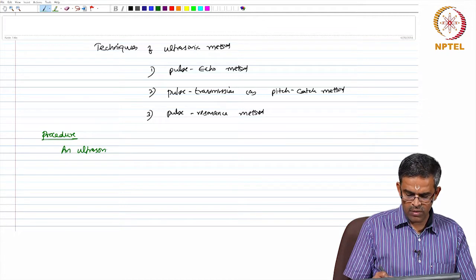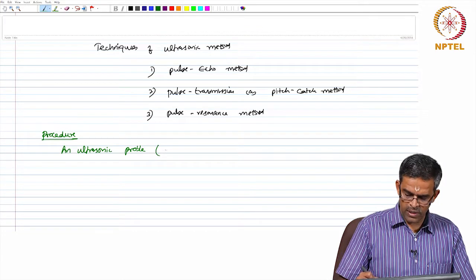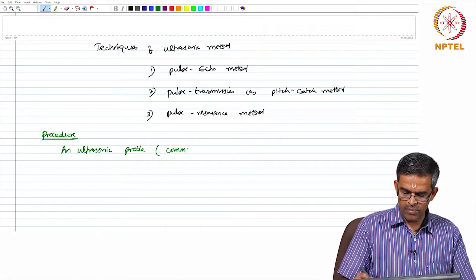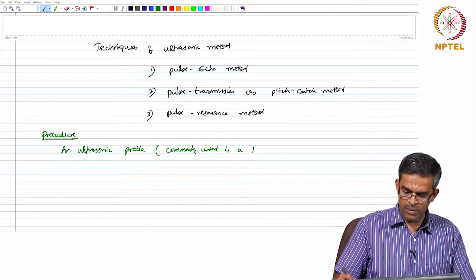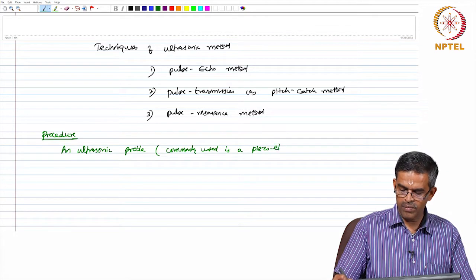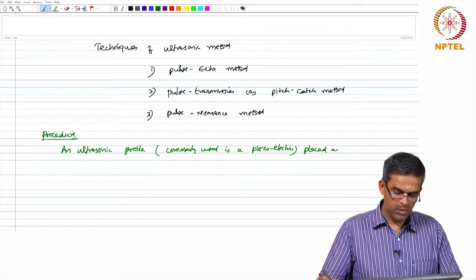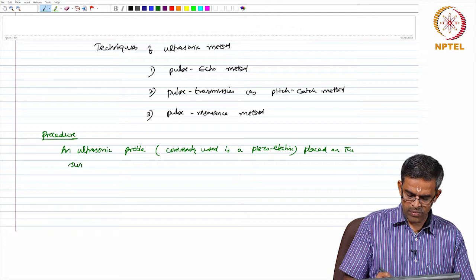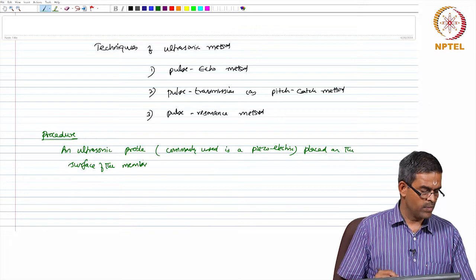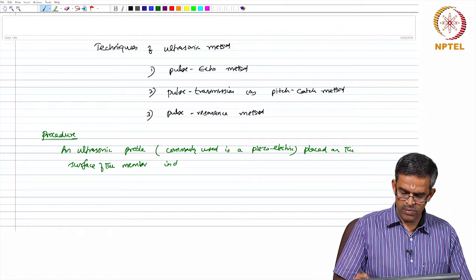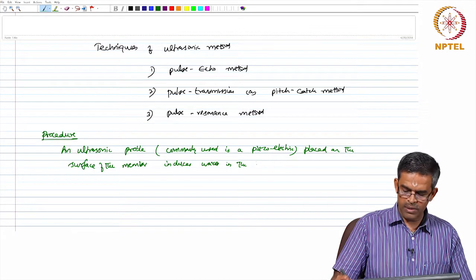An ultrasonic probe, which is commonly used, is a piezoelectric one, which is placed on the surface of the element and induces waves in the material.